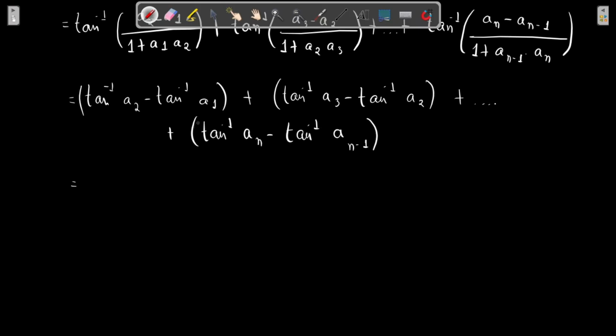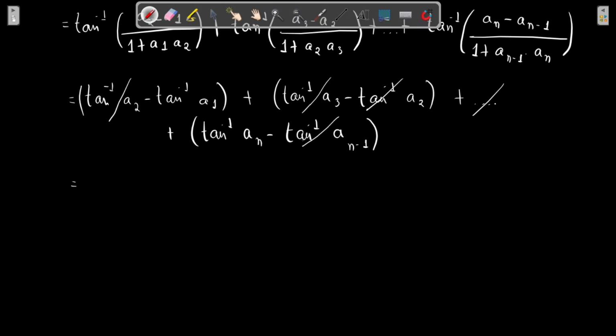If we open the brackets, we see this tan⁻¹a₂ will get cancelled with this a₂, like this one gets cancelled here. Similarly, in the next term, which is tan⁻¹a₄ − tan⁻¹a₃, this will get cancelled out here, right? And in the term previous to the last term, we will have tan⁻¹aₙ₋₁ − tan⁻¹aₙ₋₂.